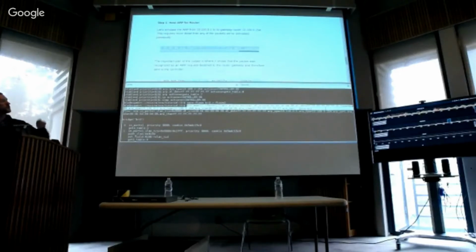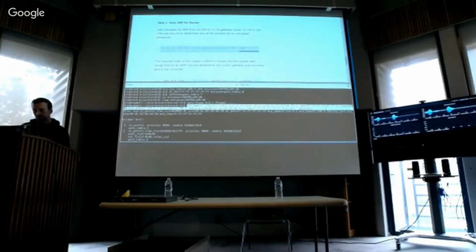And ARPs are typically sent to broadcast, so that's the broadcast Ethernet address. The Ethernet type is ARP, which is 806, and then the rest of the ARP fields there are the correct ones to request the MAC address of the router.